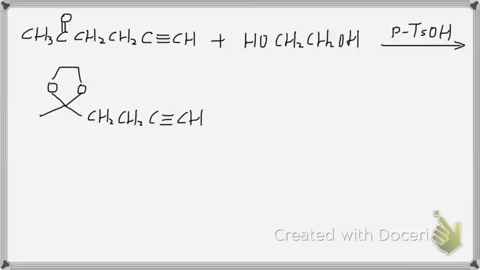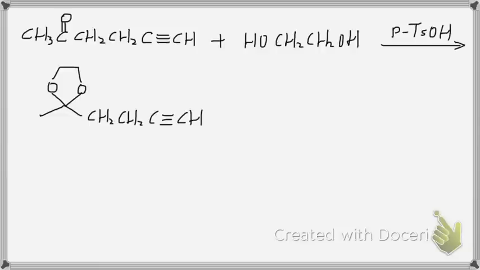We use 1,2-ethanediol. So we make a cyclic ketal. PTSOH here on the arrow is an organic acid. It's called para-toluenesulfonic acid. It's an organic acid used a lot to provide the acidic environment. Okay, so this is our first step.